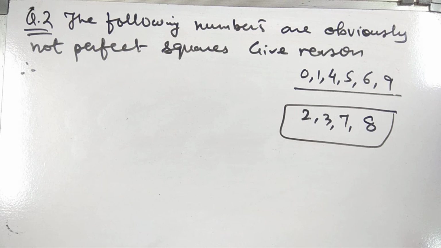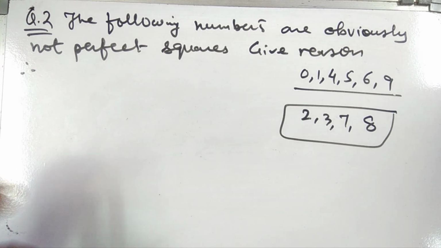If 2, 3, 7 or 8 is the unit digit, then the given number is not a perfect square. So we can say that all square numbers end with 0, 1, 4, 5, 6 or 9. Otherwise, if the ending digit is 2, 3, 7 or 8, then the number is not a square number.